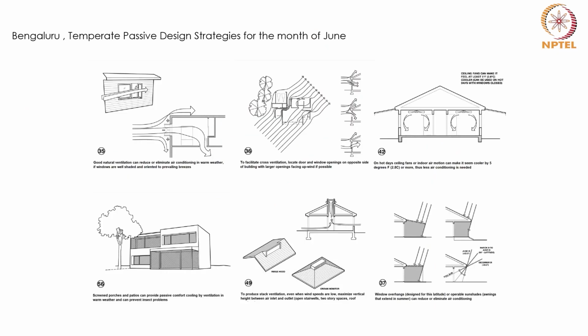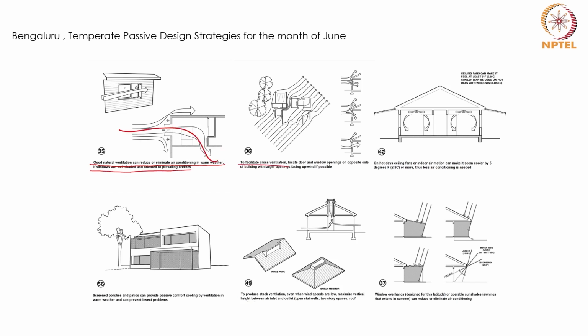So, for the month of June, what are the strategies that must be followed? They aren't much different from what we saw for the month of May. Good natural ventilation can reduce or eliminate air conditioning in warm weather if windows are well shaded and oriented to prevailing breeze direction.